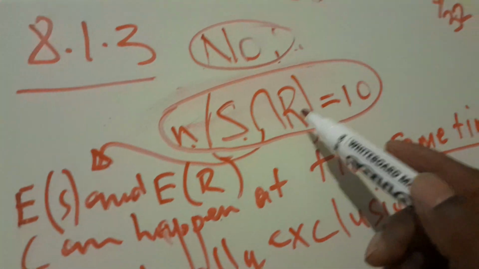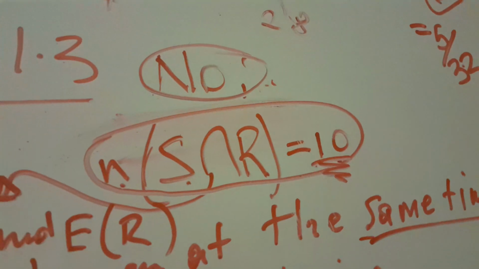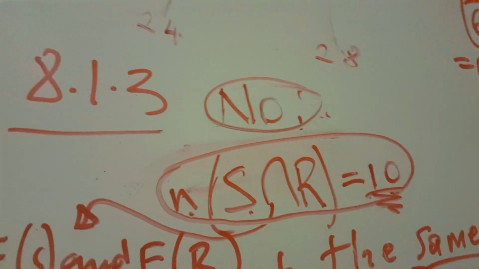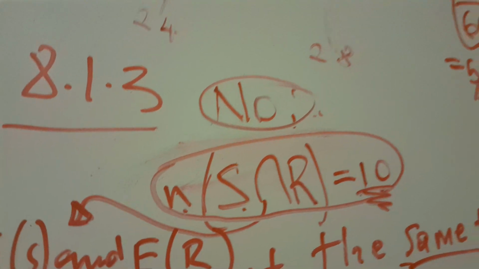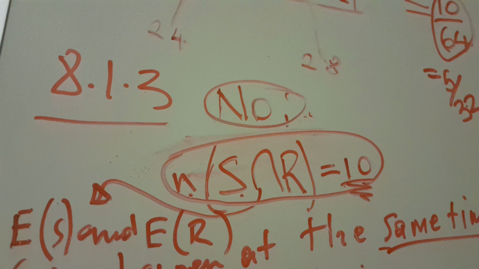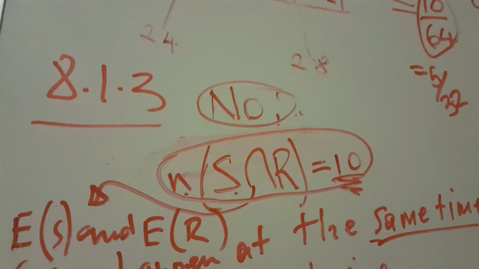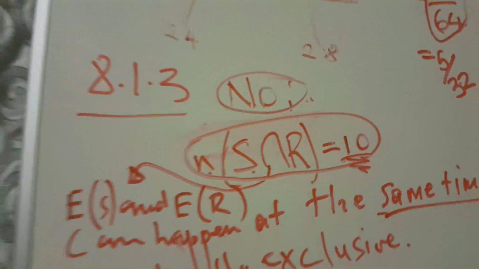Soccer intersection rugby is 10. You have 10 players playing both. So the events can't be mutually exclusive. Mutually exclusive events, they don't happen at the same time. Yes, that's that for that question.